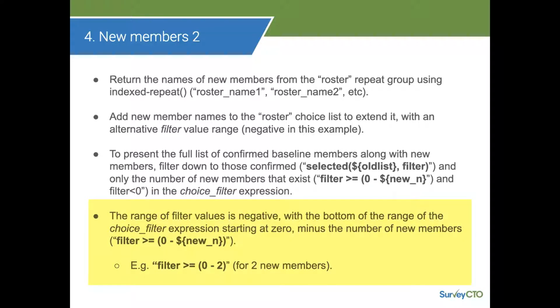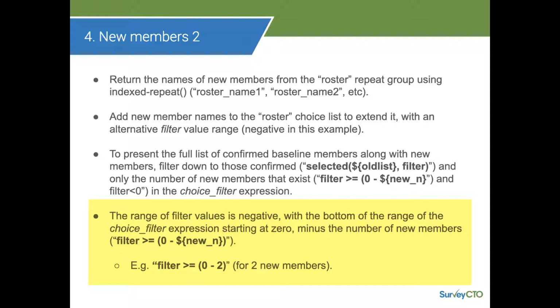Otherwise, you will only want to include new members that exist, not every potential member. To do this, you can include a range of values. The top of the range being filter is less than 0, and the bottom of the range being filter is greater than or equal to 0 minus new n, or the value stored in new n. Remember that new n stores the number of new members.